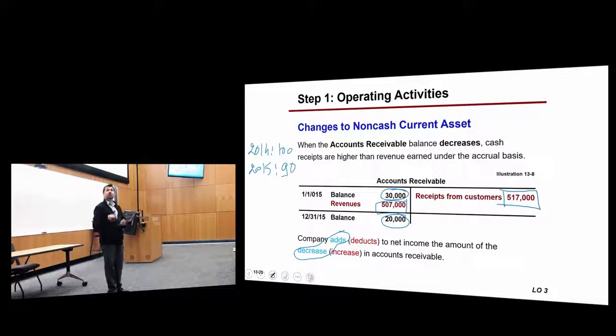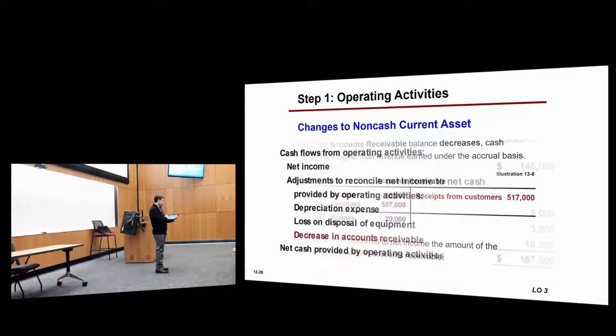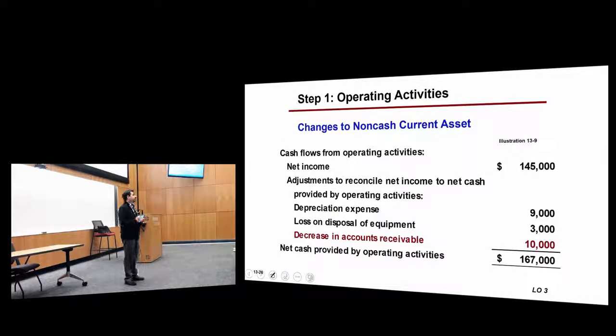As a result, they received less cash than they actually recorded as revenues, and this increase in accounts receivable will have to be deducted. So in this example, we had a decrease in accounts receivable, and it will be added to net income.